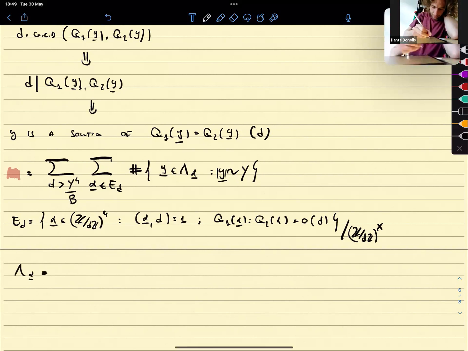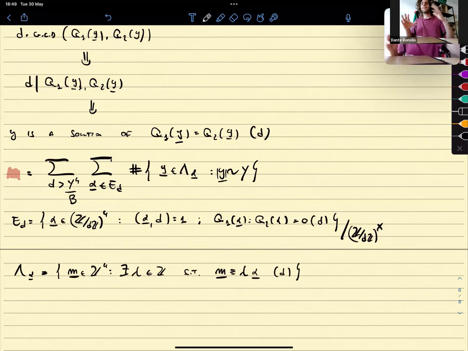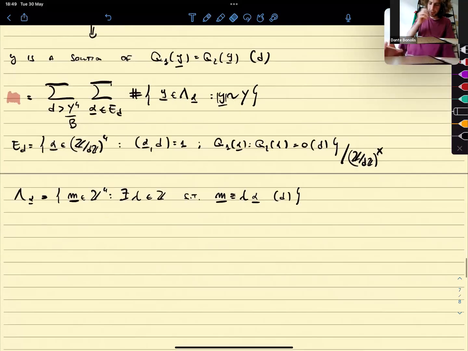With lattice, this is going to be, let's say, M in Z^4, such that there exists a lambda in Z, such that M is equal to lambda times alpha modulo D. So basically our vector, modulo D, is projectively equivalent to alpha.